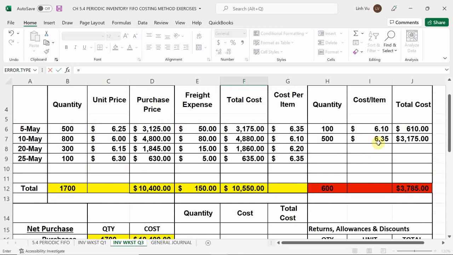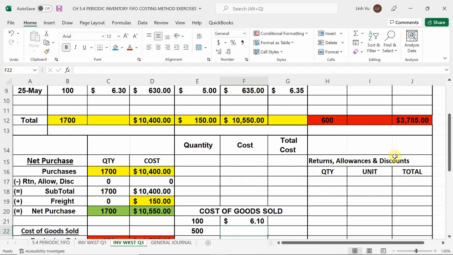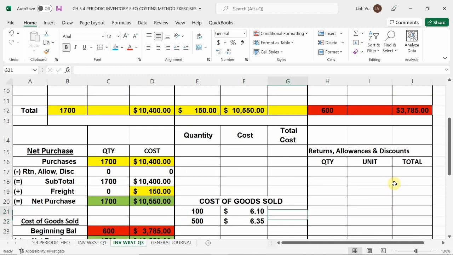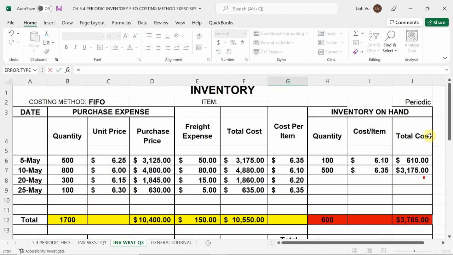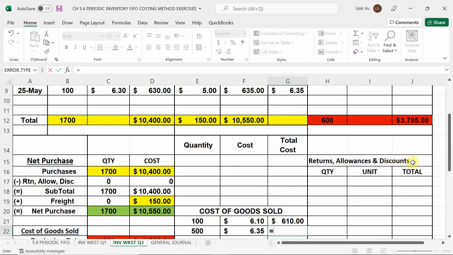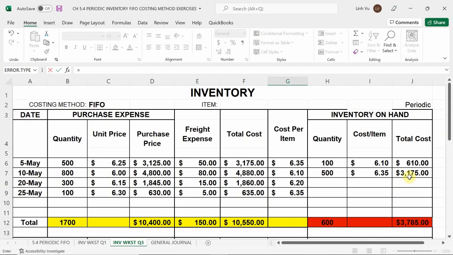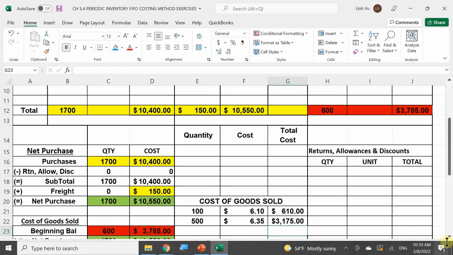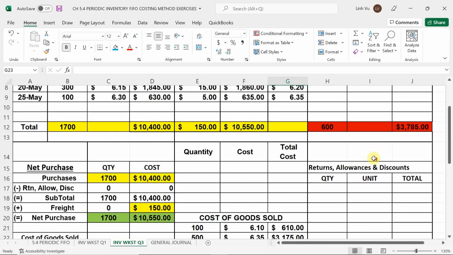No. So since we already know we're going to take all 600 units here, I'm just going to copy the information so you know where they came from. So we know that this is 610, and this is 3,175. And we got rid of our beginning inventory here.